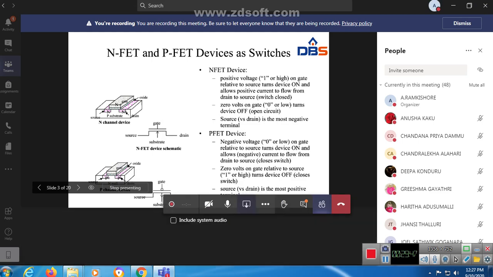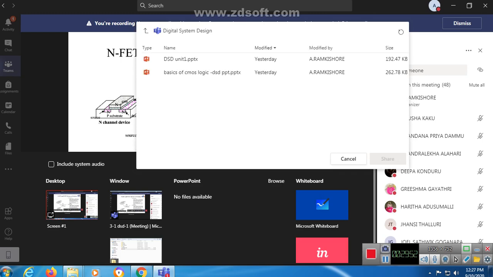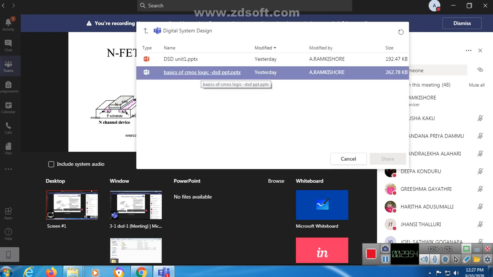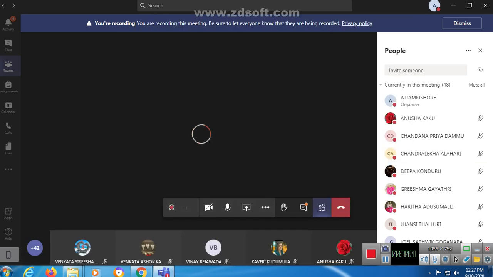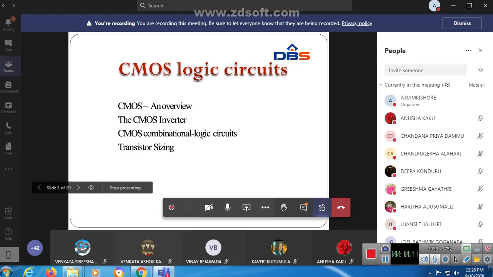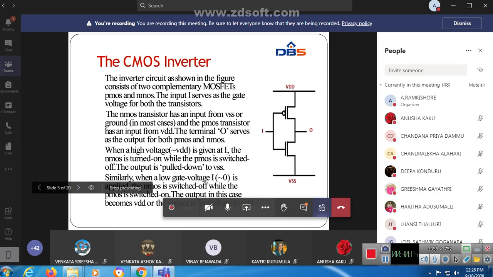The CMOS inverter is nothing but, as already shown in the last PPT on the basics of CMOS logic circuits, the circuit diagram of the CMOS inverter. We will learn the CMOS inverter, its circuit direction and explanation, in the next class.